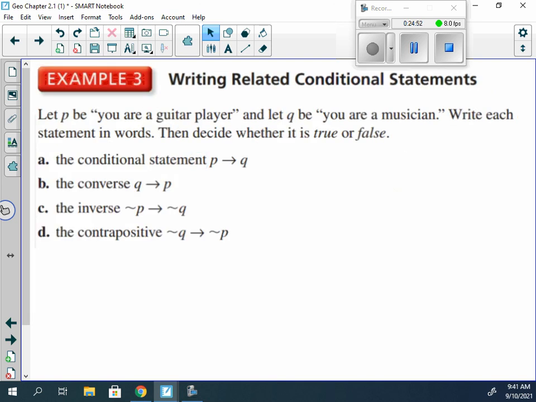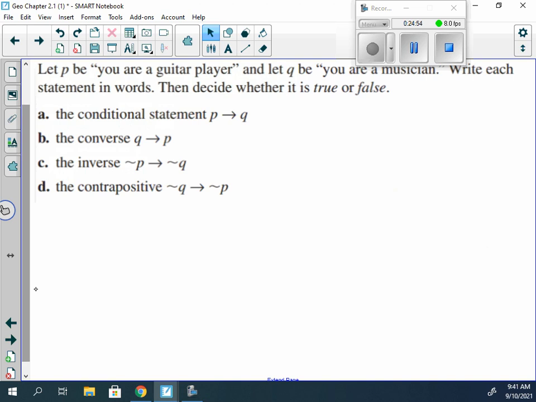This part of the assignment is not difficult, it's just tedious. Let P be, you are a guitar player. And let Q be, you are a musician. Write each of these statements and decide whether they are true or false. P implies Q. Well, what is P?